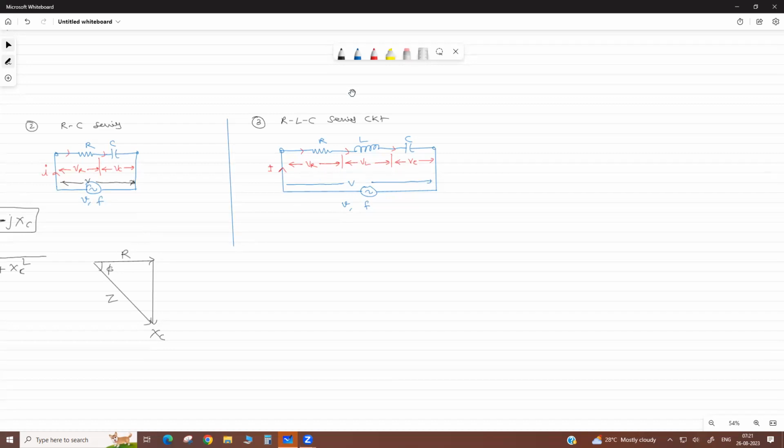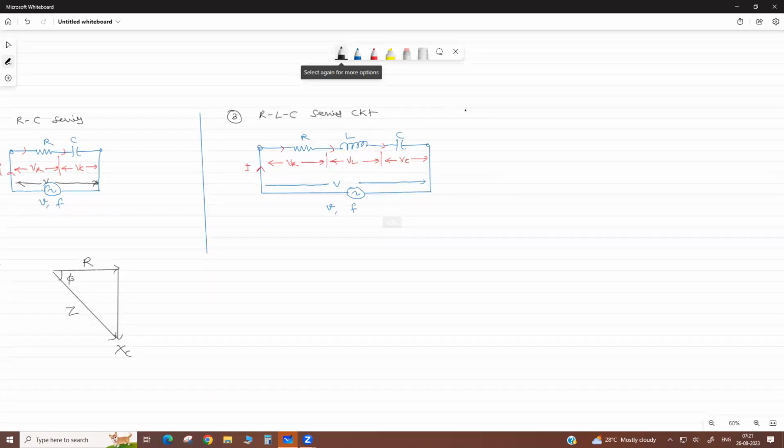Now if you take an example of RLC in series, and we draw the vector diagram for the voltages, the current is common, the same. This is the current I.